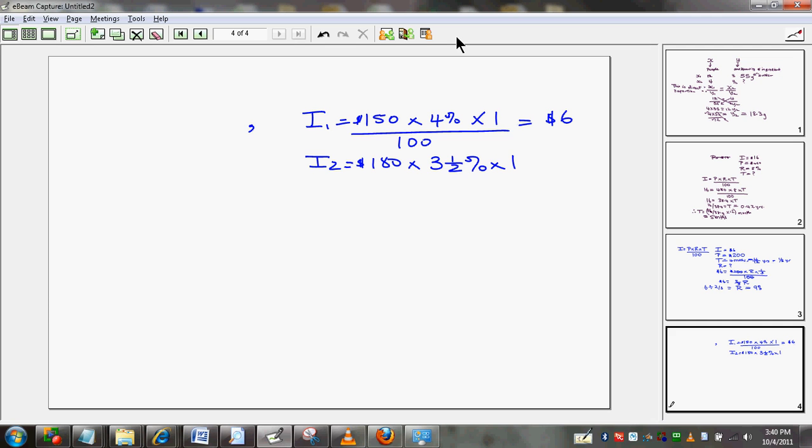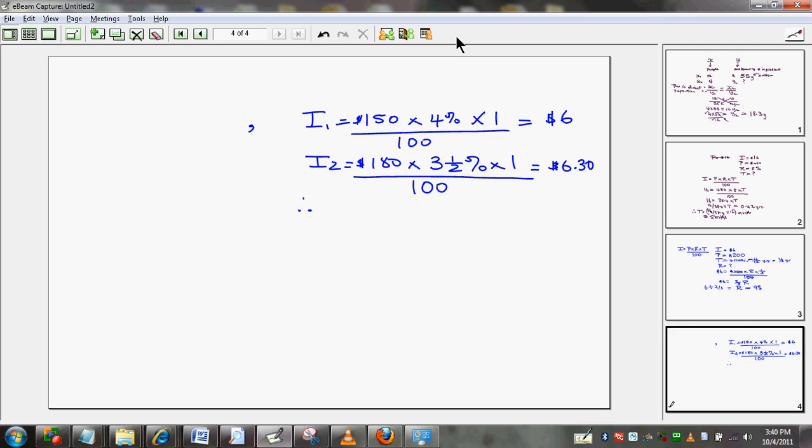And again, the time is 1 year. If you divide that by 100 to get the interest. And when you work that out, how much did you get? 630. Okay, so $6.30. So definitely you could see that in the second instance, right, that would be the greater interest. Right, so second interest, I2 would be the greater interest.